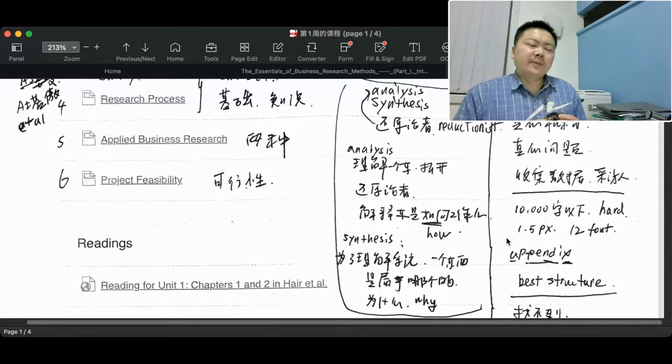Synthesis, according to my understanding, is that we need to figure out the different parts. For example, this fan, or should that be the term propeller?